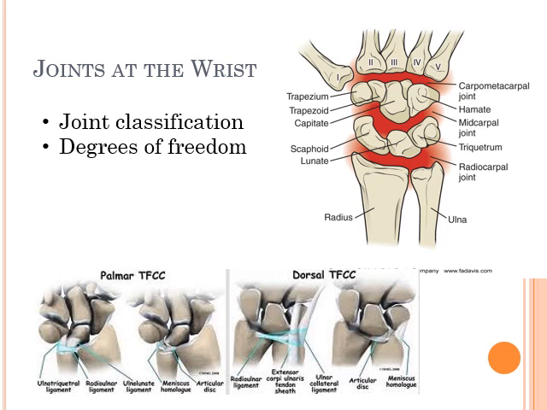Just a couple other things, and these are some anatomical things. The most fractured bone in the wrist is the scaphoid bone. Anatomically, part of what makes it the most fractured bone is that it crosses that mid-carpal joint.